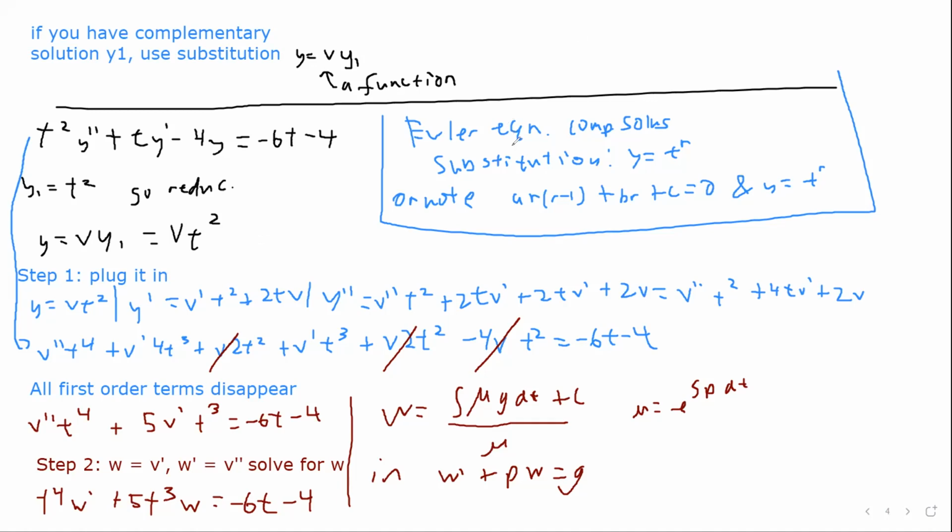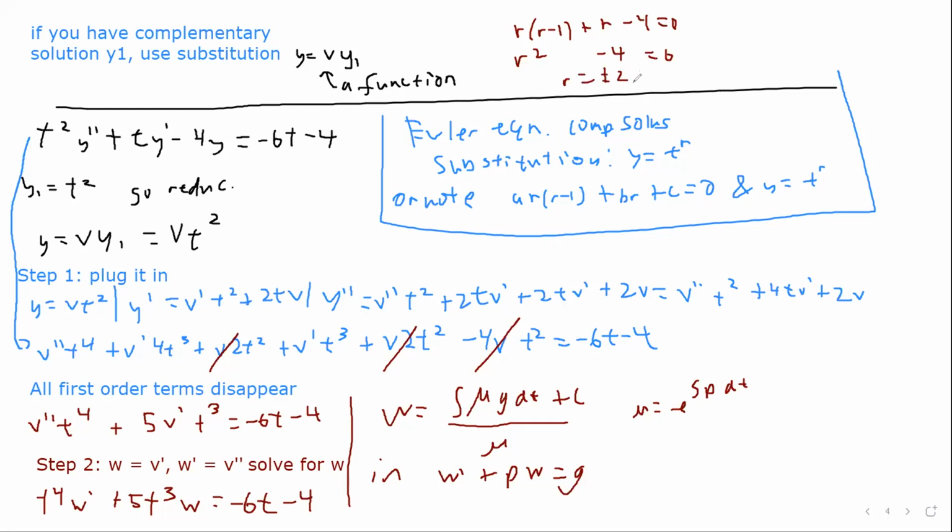Well, yeah, r times r minus 1, so r squared minus r plus r minus 4 equals 0. Well, yeah, that gives us r equals plus or minus 2.